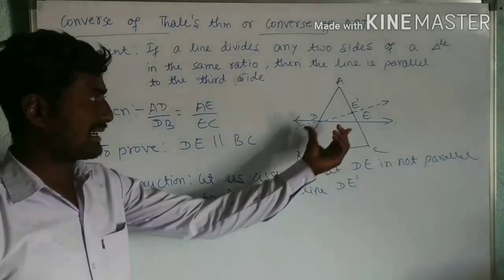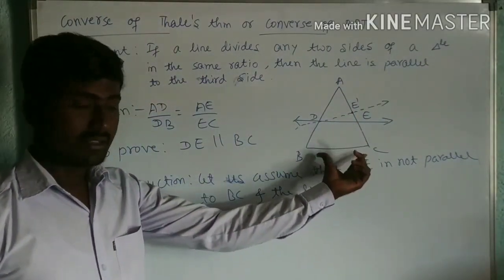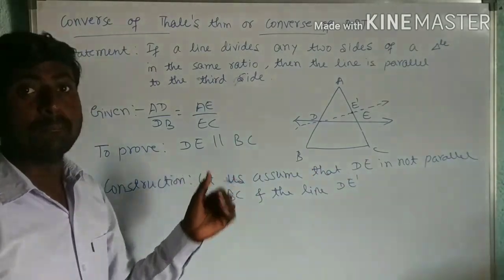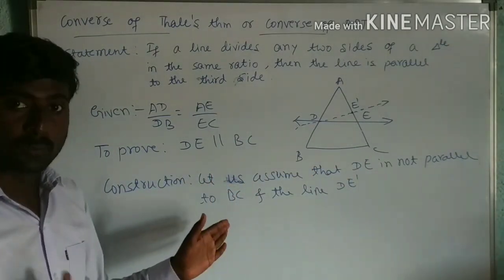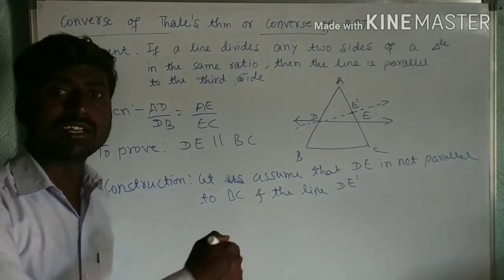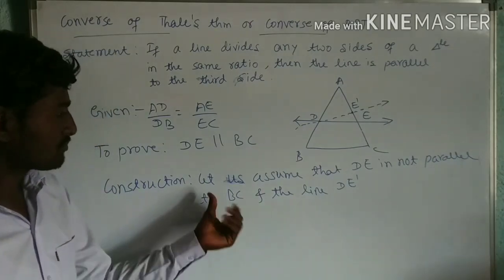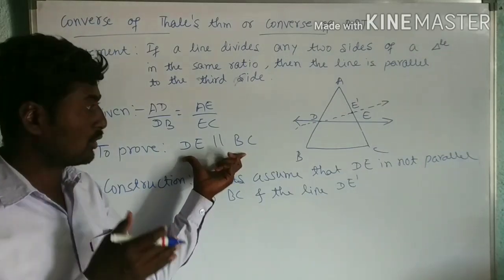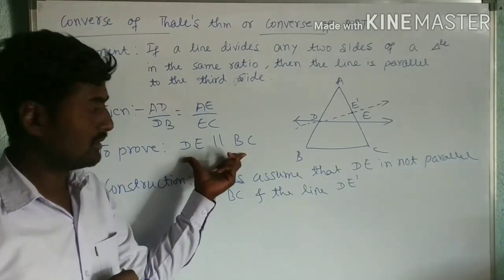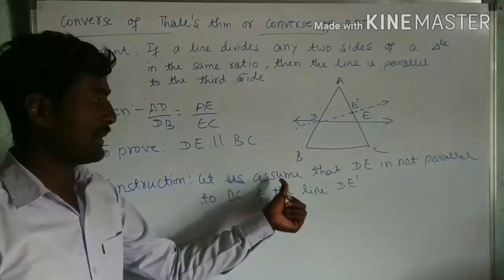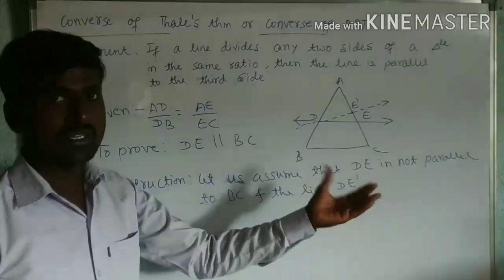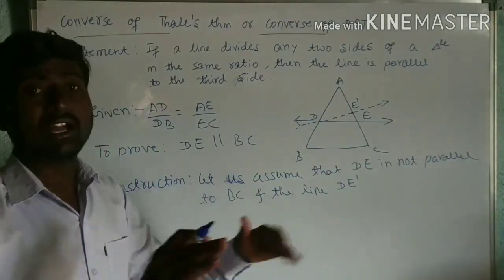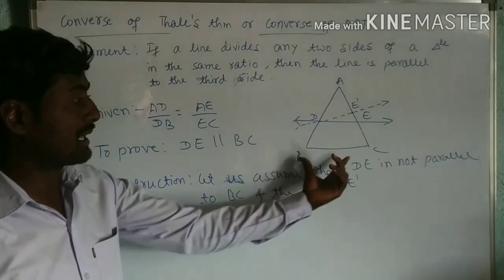Initially I drew DE parallel to BC, which is what we are going to prove, but we have to prove this theorem by the contradiction method. So we have to assume the opposite of what we are going to prove, that DE is not parallel to BC. If DE is not parallel to BC, then I have to take some other line that is parallel to BC.